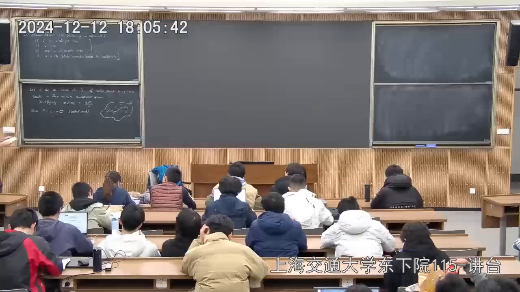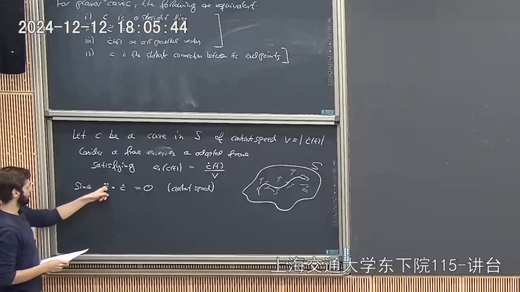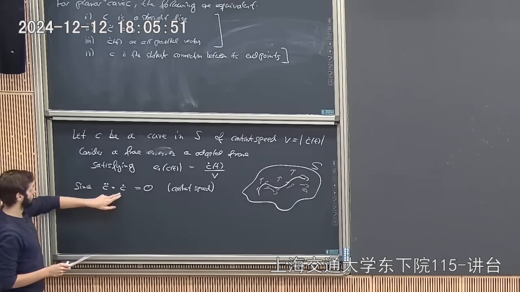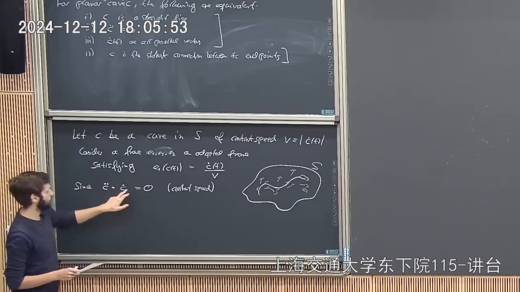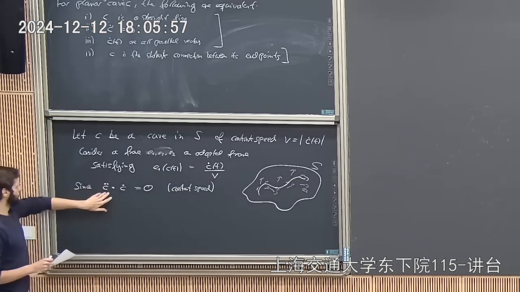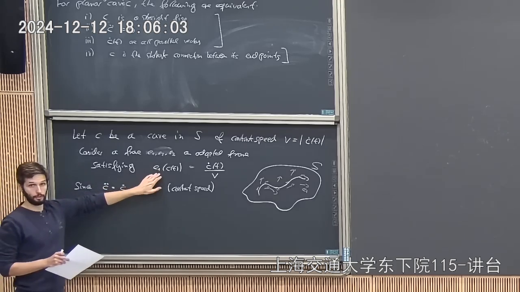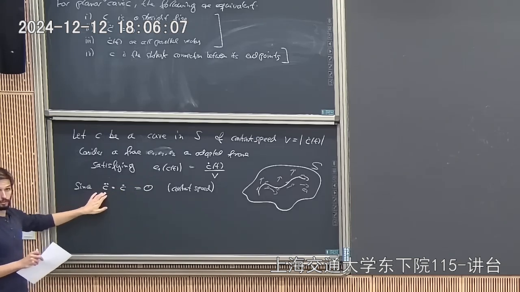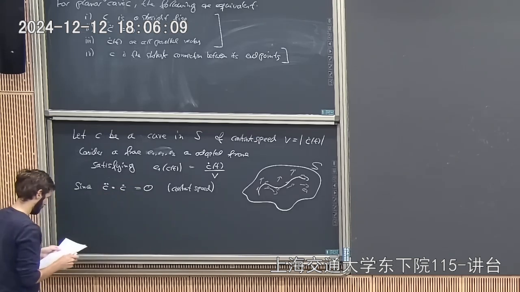That tells you that the acceleration doesn't have any component in the c dot direction. Or since c dot is proportional to E1, it means that the second derivative, the acceleration, doesn't have any component that points in the E1 direction. It only has something that points in the E2 direction and something in the E3 direction.